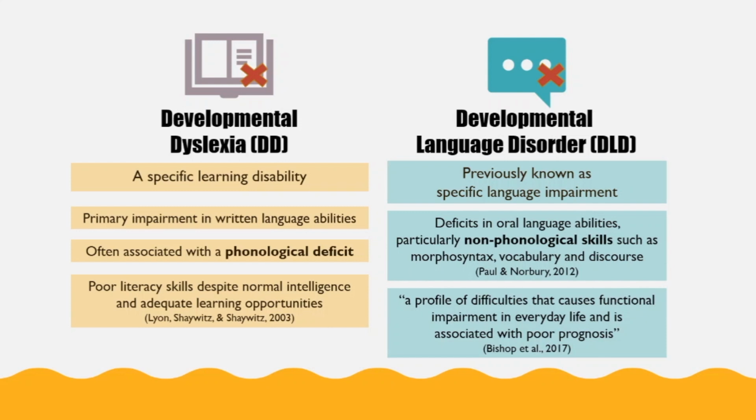It's a specific language impairment, and instead of a deficit in the written language, the deficit for DLD is mainly in the oral language. So the children have more difficulties in their non-phonological skills, such as the morphosyntax, vocabulary, and discourse. Discourse meaning narrative abilities, and morphosyntax, you will see this word a lot in my presentation.